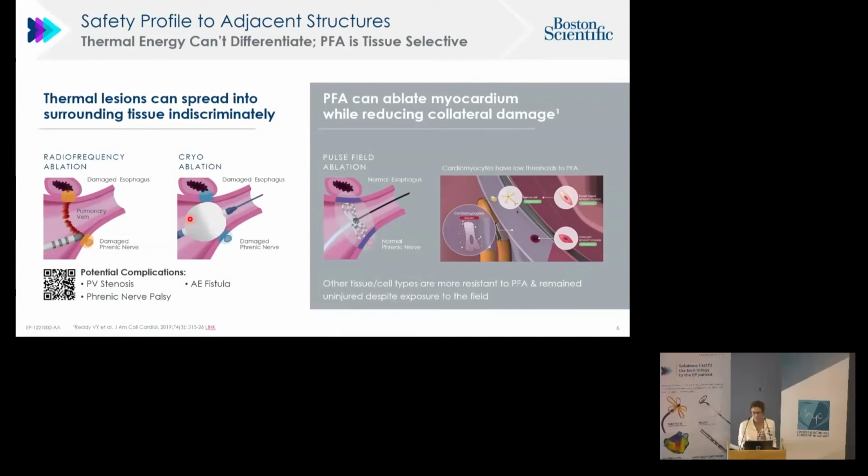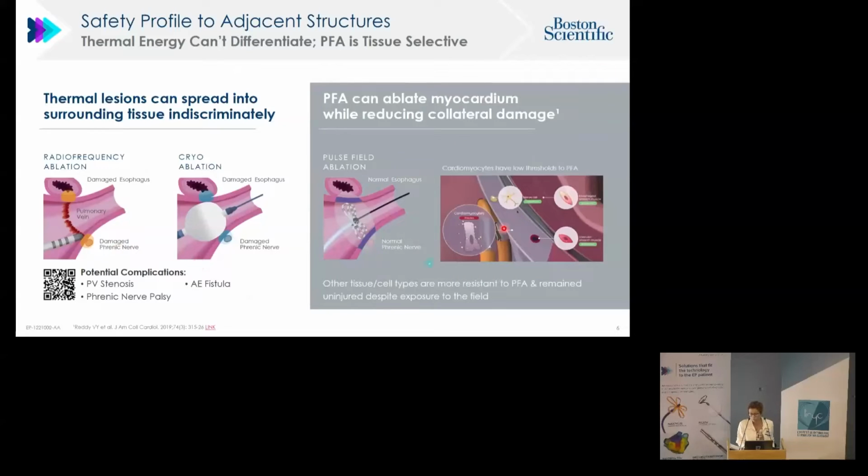PFA is tissue selective. As you know, with thermal ablation that we've been using for decades now, RF or cryo, we are ablating through thermal lesions, and we can of course get the linked potential complications that you all know: PV stenosis, atrio-esophageal fistula, which is the worst one, essentially for RF, and on the cryo side, phrenic nerve palsy.